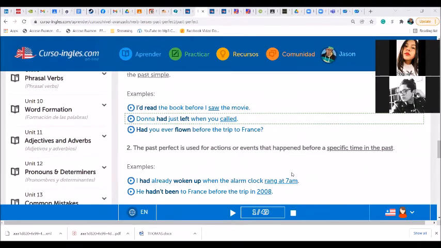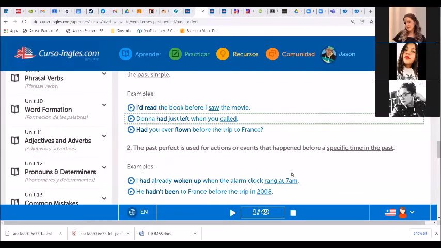That's use number 1. Use number 2, Nadia. The past perfect is used for actions or events that happened before a specific time in the past.